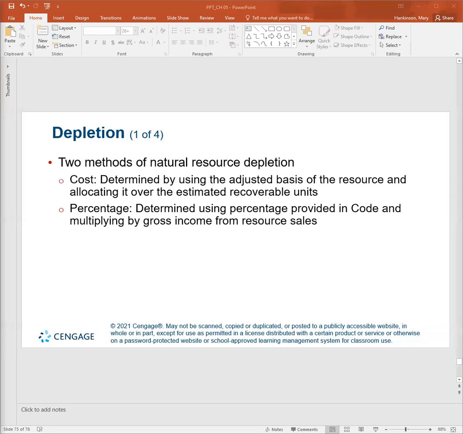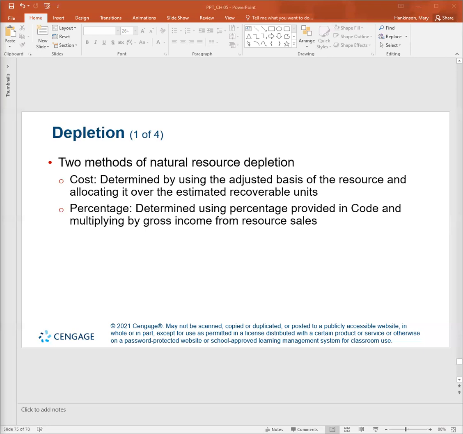Next we have percentage depletion. It's determined by multiplying the gross income from the sales of a natural resource by a specified percentage provided in the code. Certain percentages are used for you to multiply against the gross income from the sales.